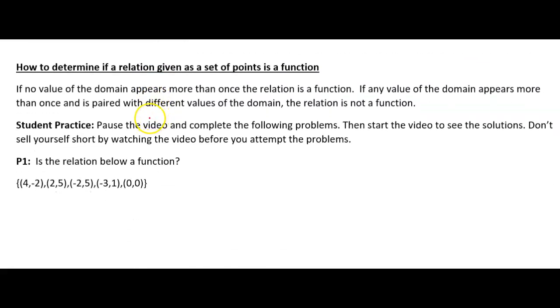If you don't see any value of the domain, the things listed first in each pair, listed more than once, you have a function. If it's listed more than once and has a different value with it the second time, then it's not a function. I'm not going to trick you by putting down the same point twice. You're just going to need to look and see if the x's are all different.